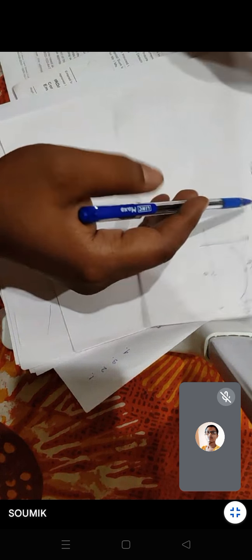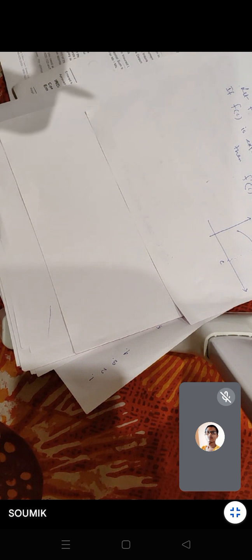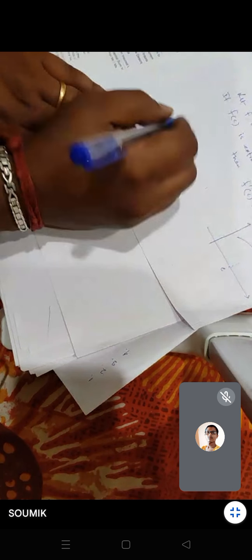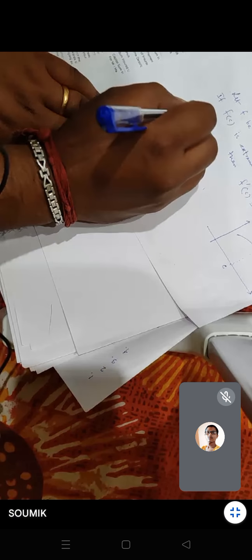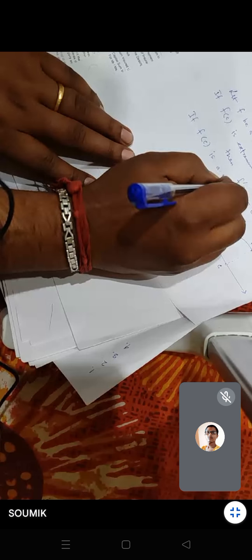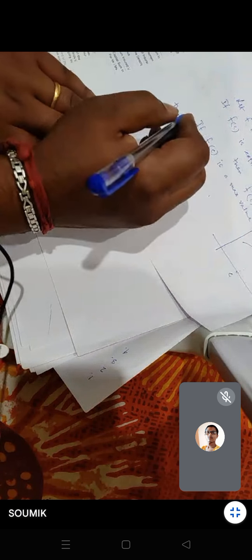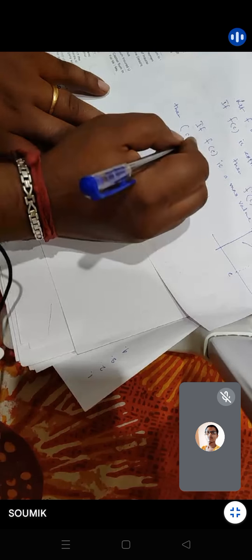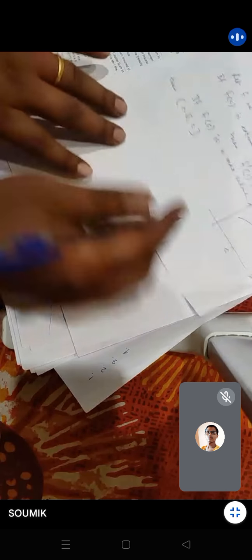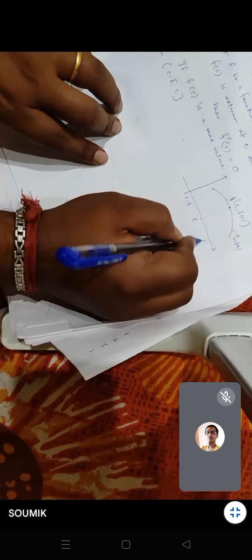That means if f(c) is a maximum value, then in the left interval, that is c minus delta to c, this is c minus delta and this is c plus delta.